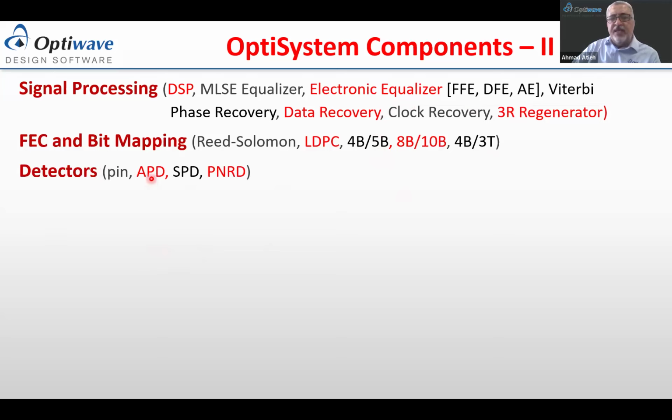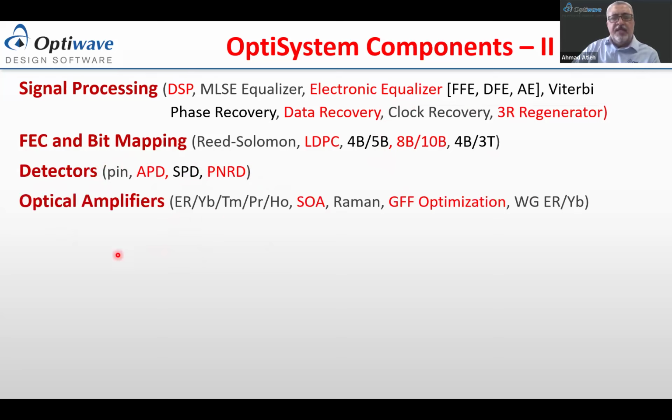Detectors, we have PIN detectors, APDs, SPD single photon detectors, or photon number resolving detectors. There is a wide range of doped fiber materials like erbium, ytterbium, thulium, praseodymium, holmium, as well as GaN blocks, which can be designed using semiconductor amplifiers or Raman amplifiers, as well as waveguide amplifiers.